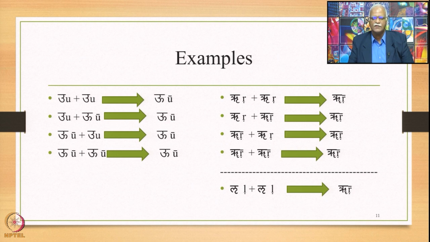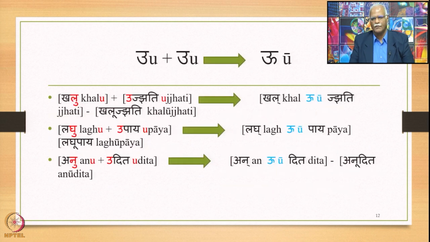The first one is u plus u, both short, as input, and 6.1.101 applies and the output generated is long u. So we have khalu plus ujjhati. Khalu and ujjhati are independent words, part of the sentence. The speaker intends to utter these words in close proximity, samhita.